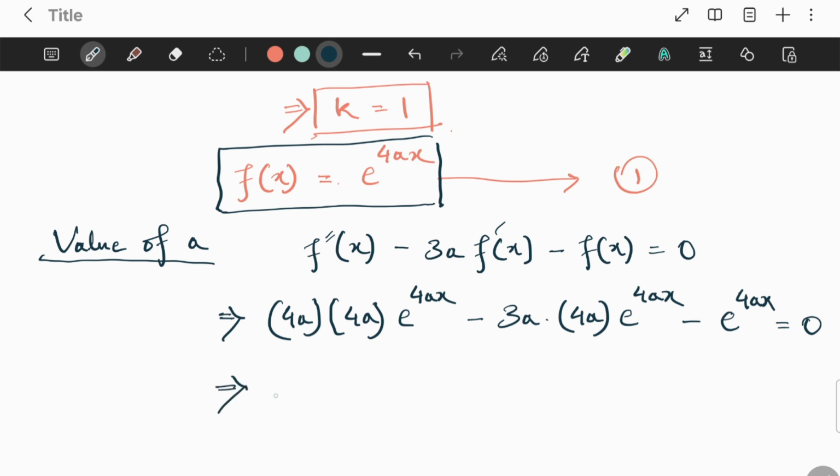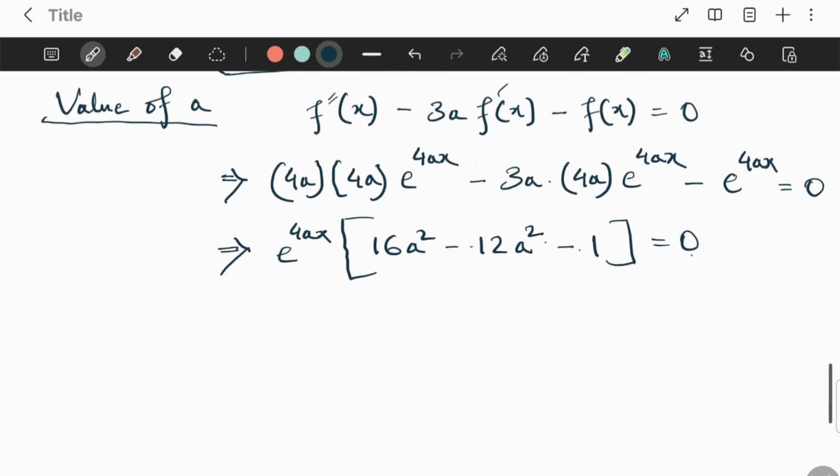And this brings us e to the power 4ax; if we take it common, we'll get 16a square minus 12a square minus 1, equals 0.